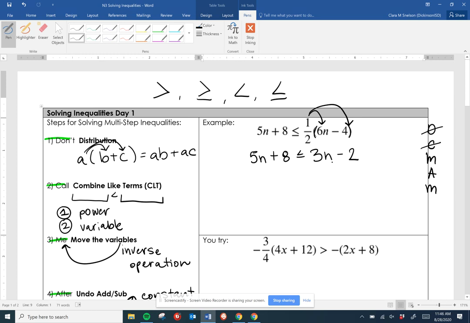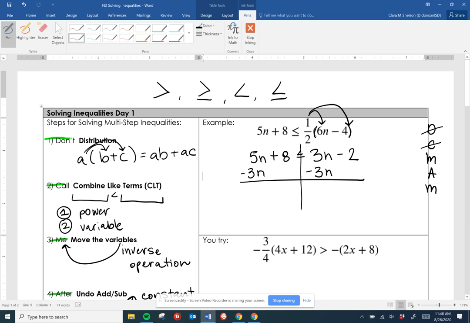So this 3n right here that's on the right, we need to move it using the inverse operation. The opposite or the inverse of 3n is going to be -3n. So I'm going to stack those up under the like terms. 3n is like terms of 5n.